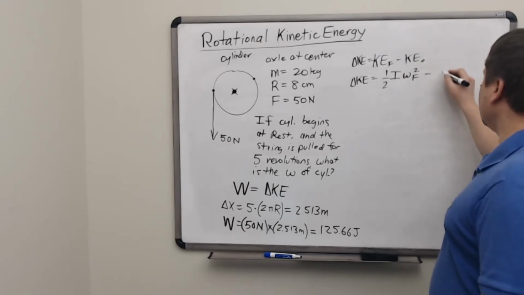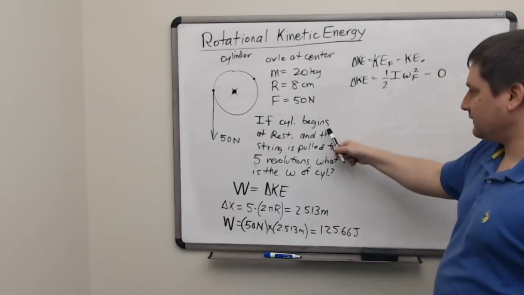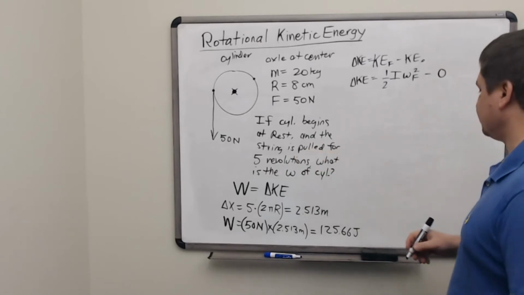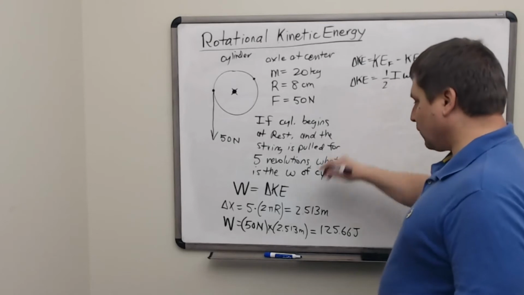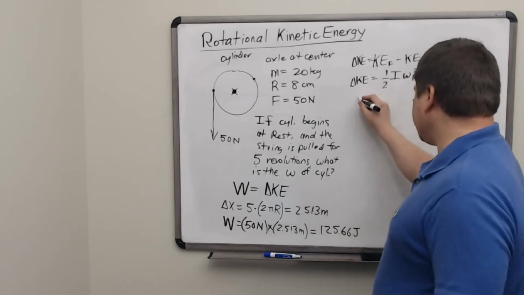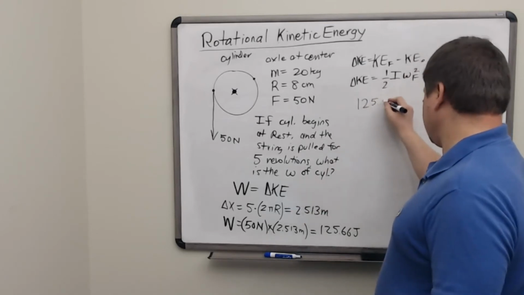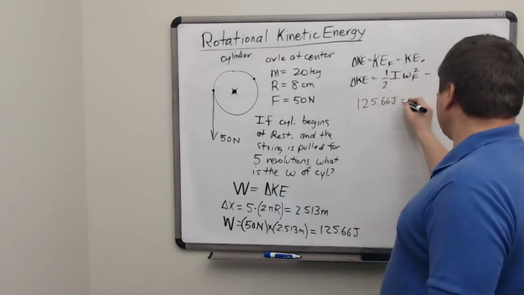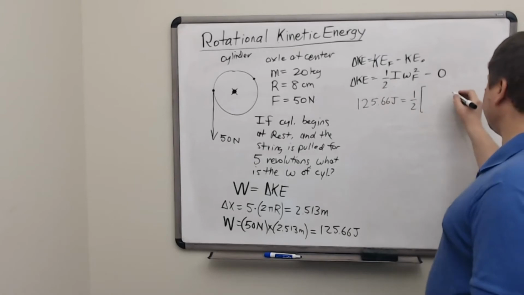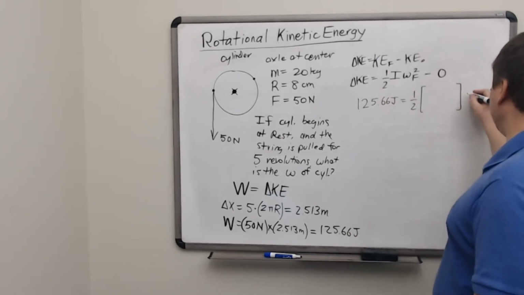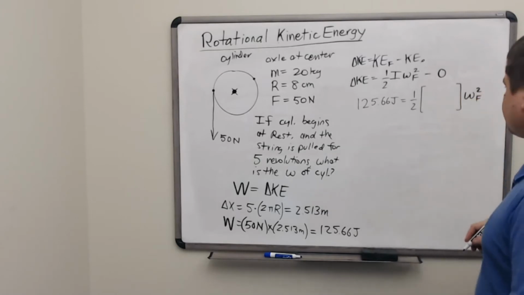The initial kinetic energy is simply 0 because it begins from rest. So we are now going to use the work energy theorem and equate our 125 joules to 1/2 times the moment of inertia, which I'll write in a moment, times the final angular velocity squared.